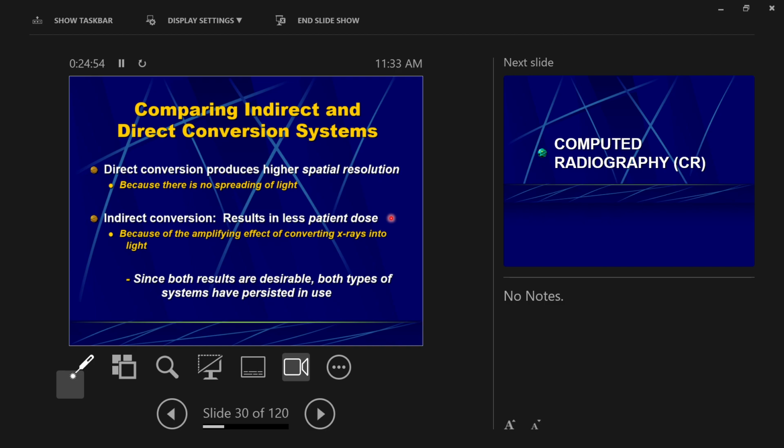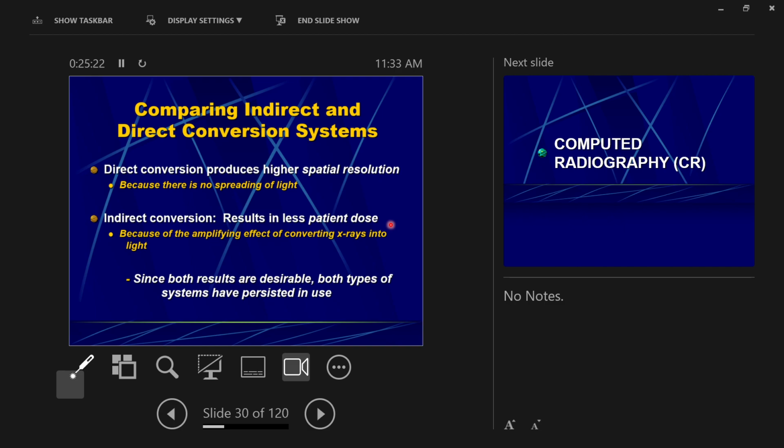But it's also useful to have high spatial resolution. So we have to choose. An office buying a new piece of equipment would have to decide, do I want direct conversion, sacrificing patient exposure to gain detail, or do I want indirect conversion, save me some money, lose a little bit of detail, and a little bit less patient dose? And honestly, you know what the decision usually comes down to?